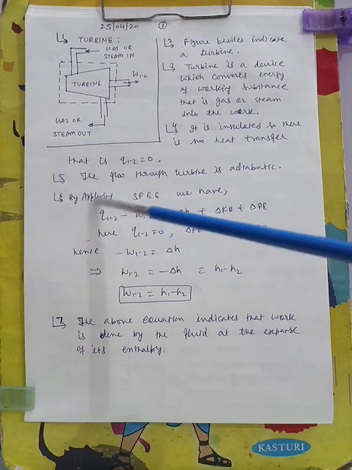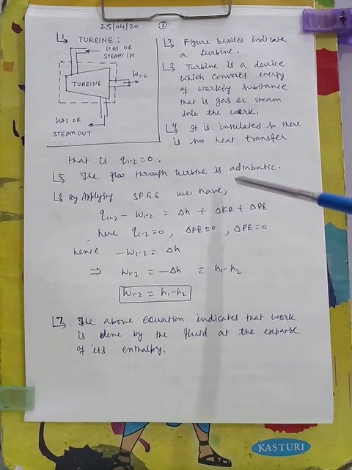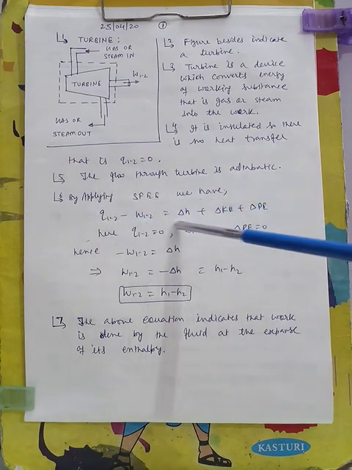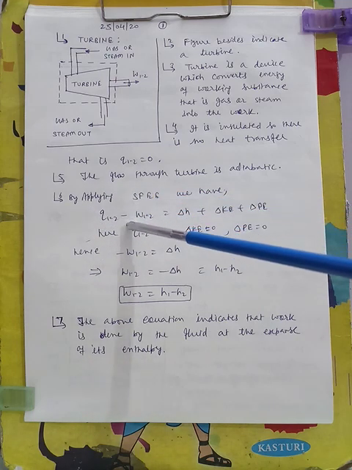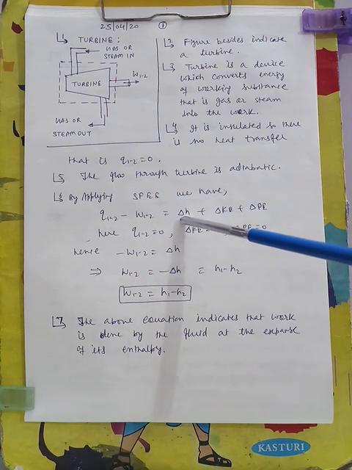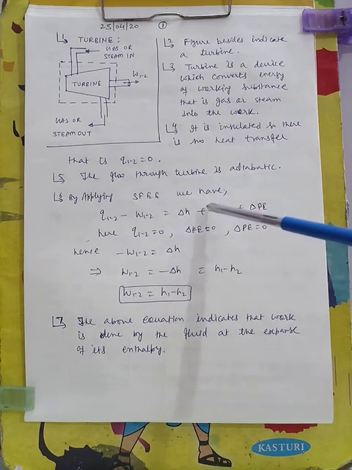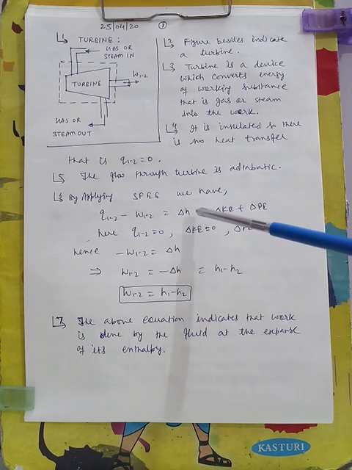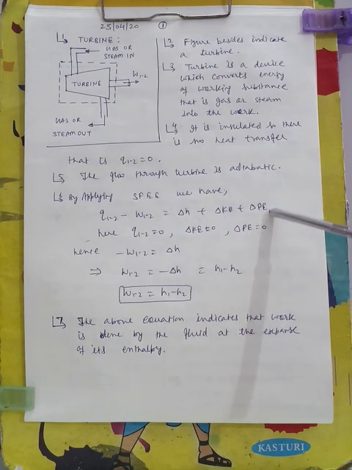When we apply the steady flow energy equation, heat supplied minus work done by the system is equal to change in enthalpy of the system plus change in kinetic energy of the fluid plus change in the potential energy of the fluid.